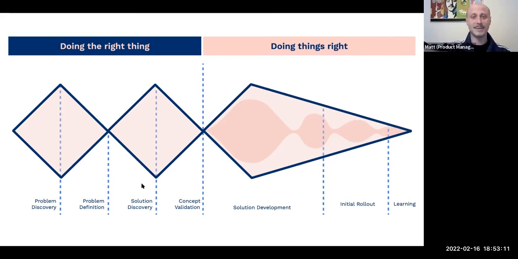And just to add to the failure point, I would say it's better to fail early. The process and the diamonds are for us to fail as early as possible. But we also want a fast throughput through the diamonds, so we can fail in the production stage too. Sometimes we will hit the initial rollout and find out that nothing happened, just a bad idea.